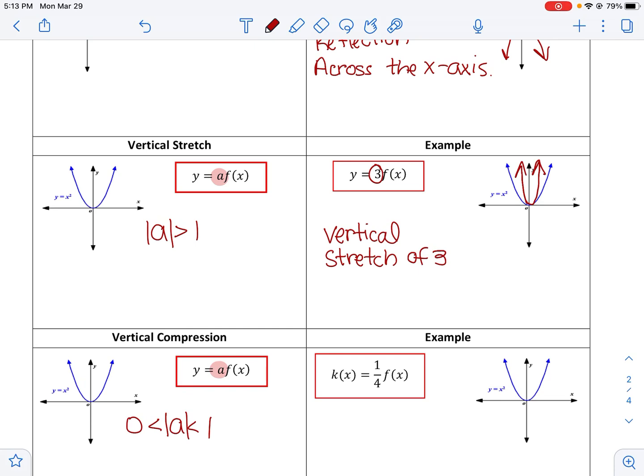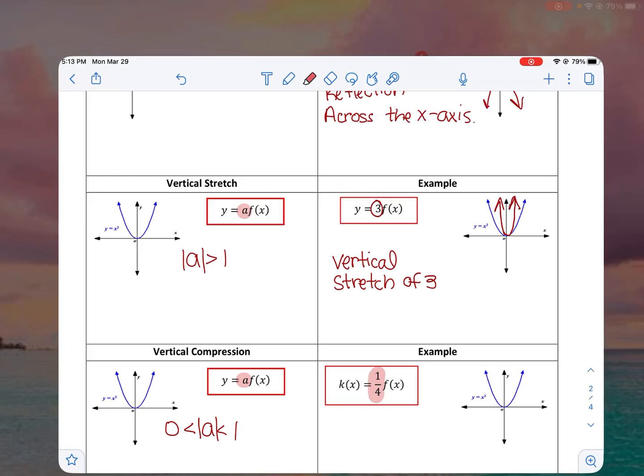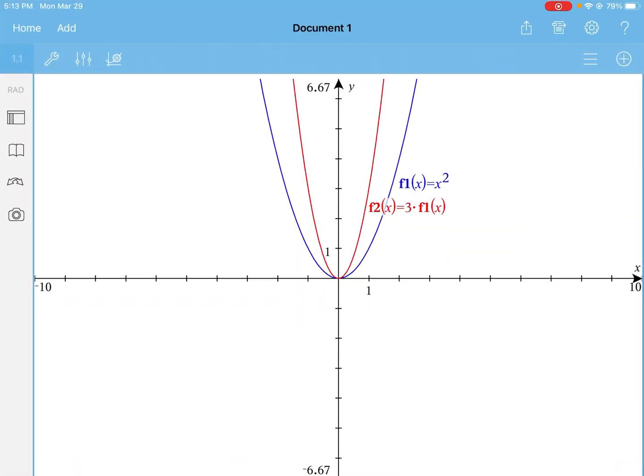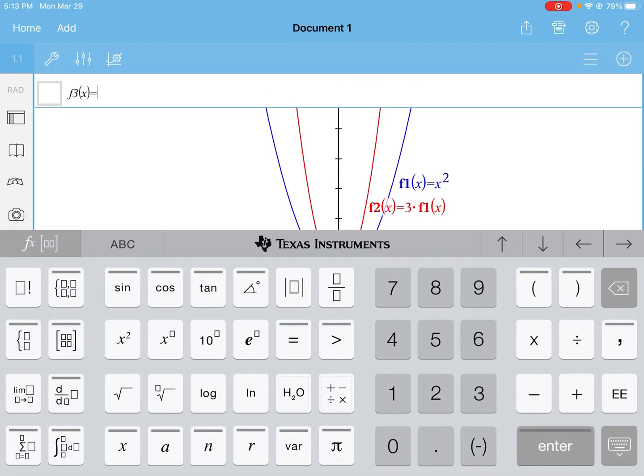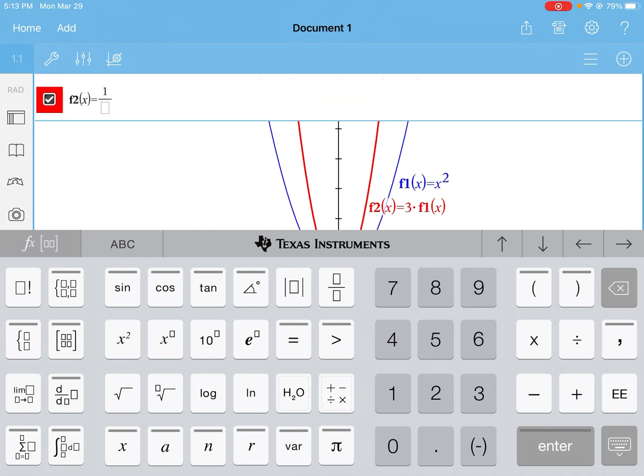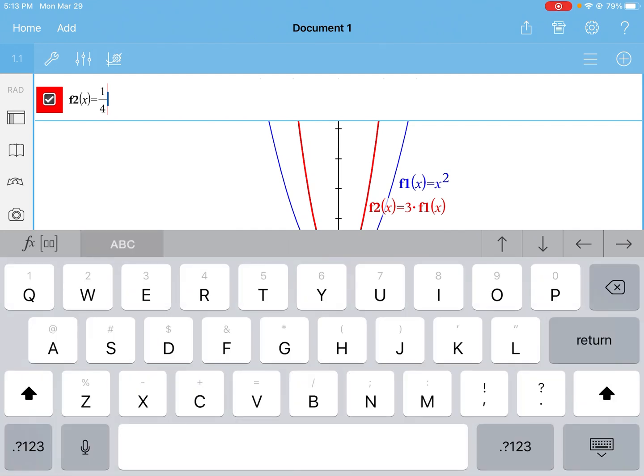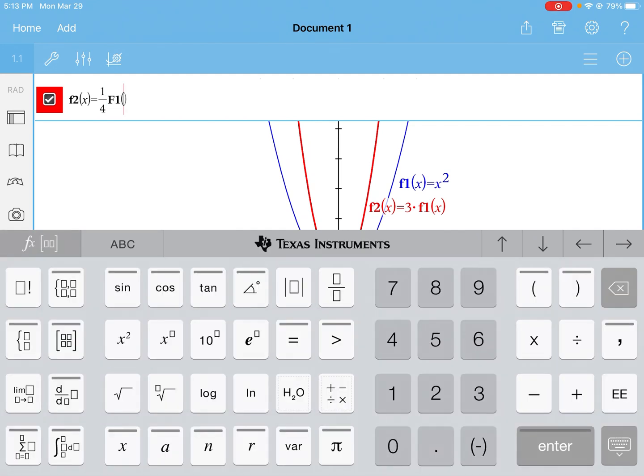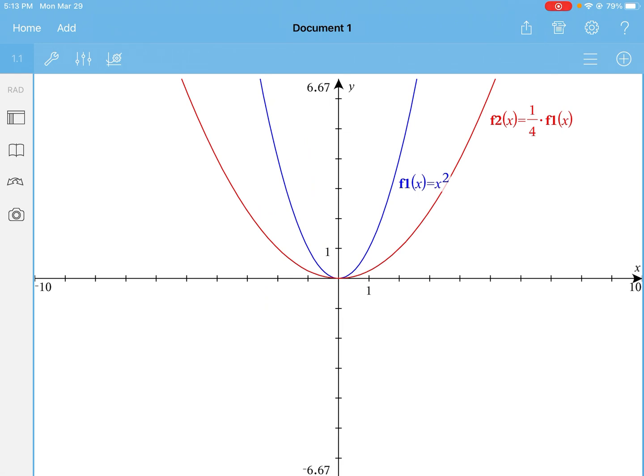Okay, let's look at the vertical compression. So now I'm going to type in 1/4 in front of the f1 of x. So I'm going to hit tab or the circle with the plus sign, go up. Okay, I'm going to erase everything. I have 1/4 f1 of x. I hit enter. So notice when I compress it, it's like I'm squishing it closer to that x-axis.